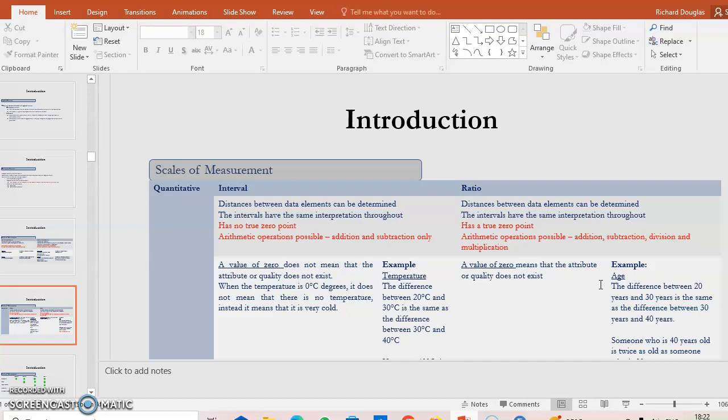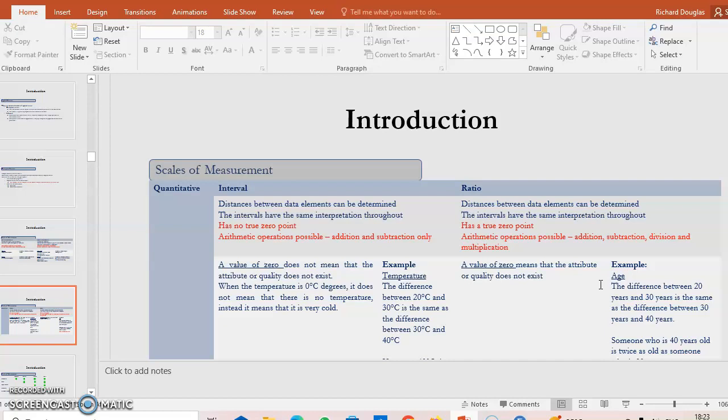Then under quantitative again, you have interval, whereby you can determine the distance between data elements, and you have ratio, where the distance between the data elements can be determined like the interval, but there is a true 0 point. The interval has no true 0 point, and the ratio has a true 0 point. That is the major difference.